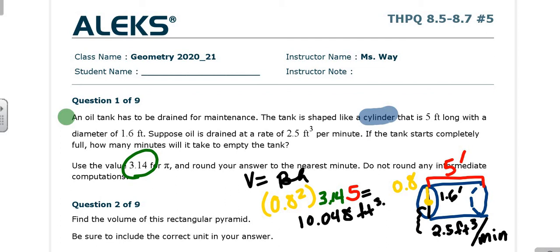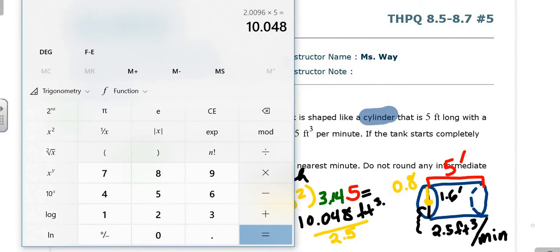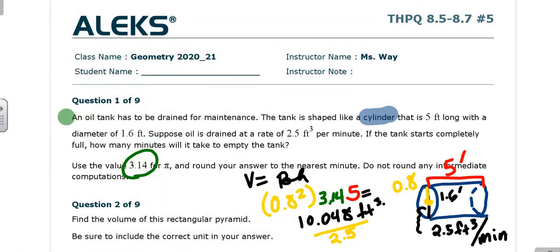And it says do not round any intermediate answers, so our rate is 2.5 cubed feet per minute. So that means we divide by 2.5, the rate. It says round to the nearest whole minute, so we get approximately 4 minutes for that tank to drain.